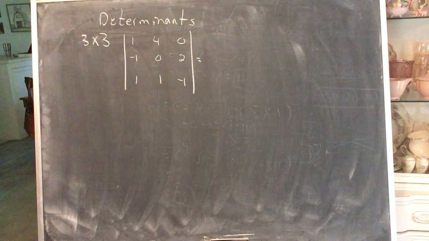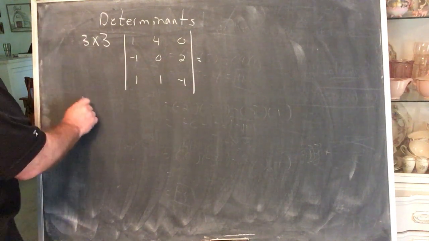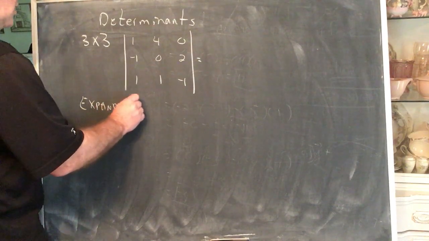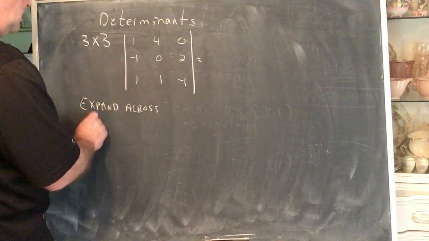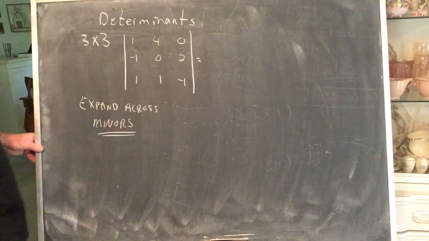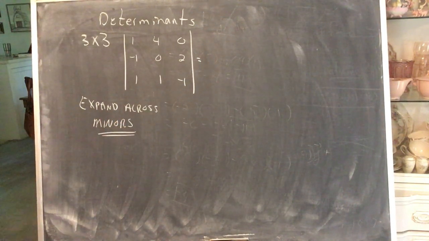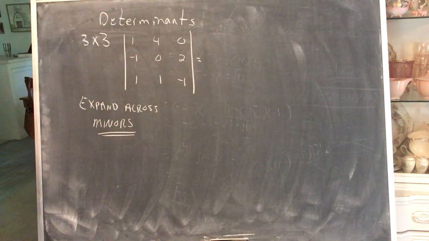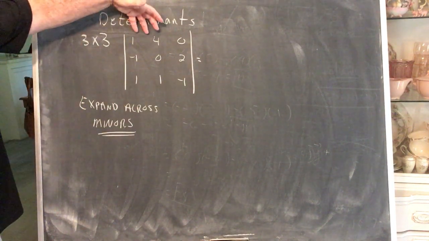What we're going to do is what's called expand across minors. Expand across minors. So that's just the language that's used. We inherit that from linear algebra. What this means is this.